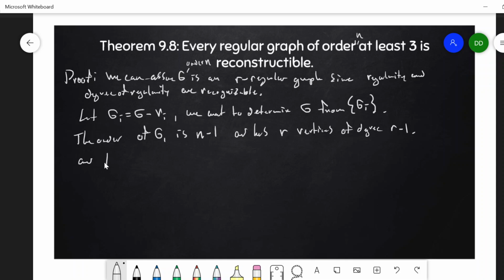And the remaining vertices each have degree R. How many remaining vertices are there? There are n minus 1 minus R vertices, each with degree R.